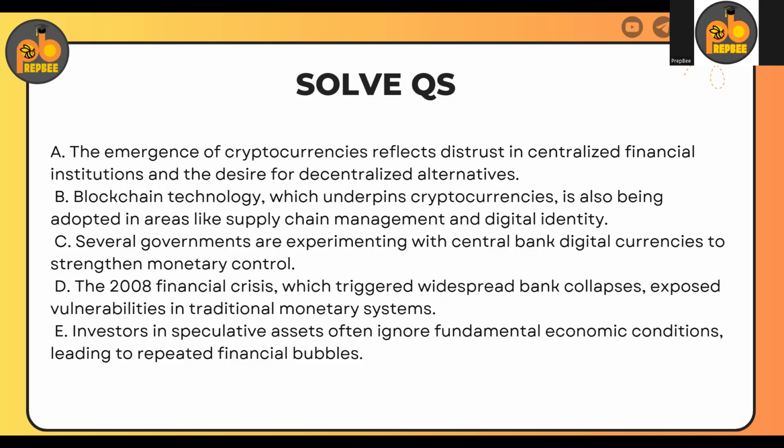E might sound connected because crypto is speculative, but unlike the others, it is not anchored to digital monetary tech or the shift to decentralized alternatives or why we are now emerging to cryptocurrencies. It is talking about speculation and bubbles in general, but it does not tie specifically to digital systems, and hence E is the answer.